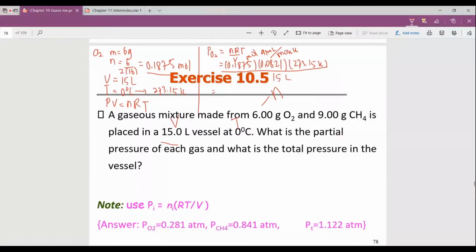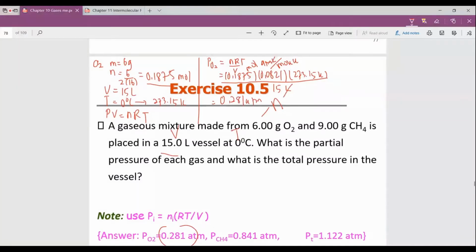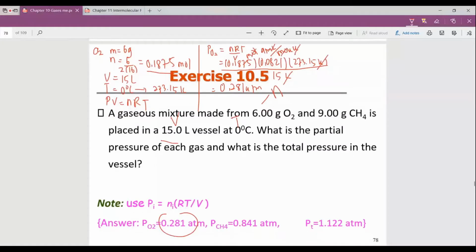Then we get the partial pressure for oxygen equal to 0.281 atm. Liter cancels out, and Kelvin, mole, then left is atm.